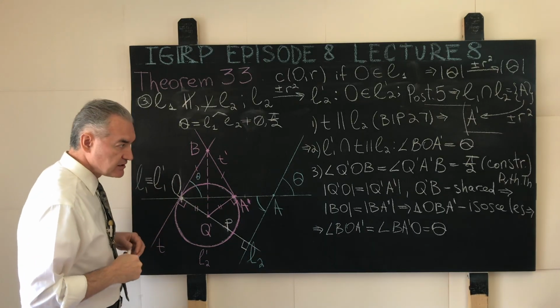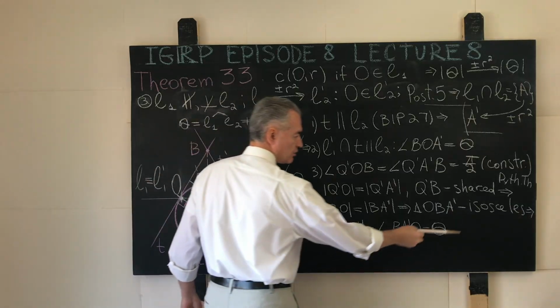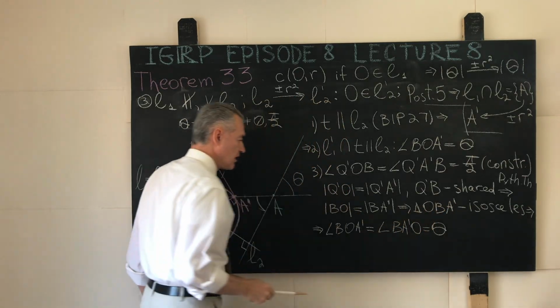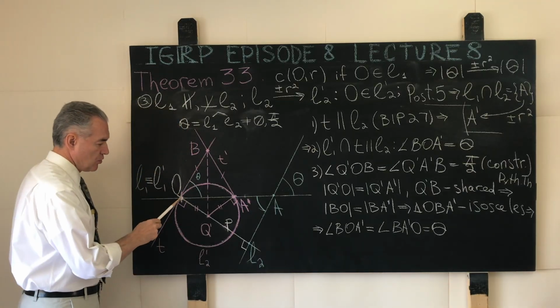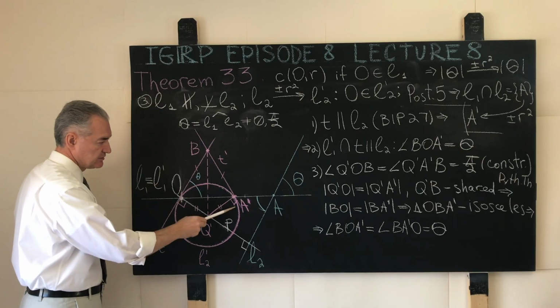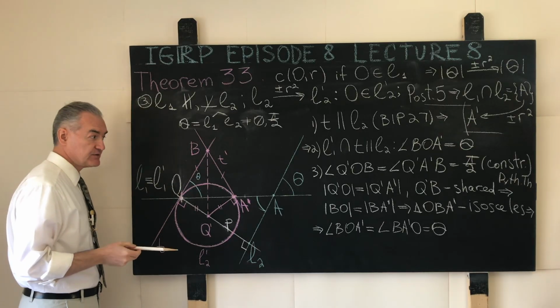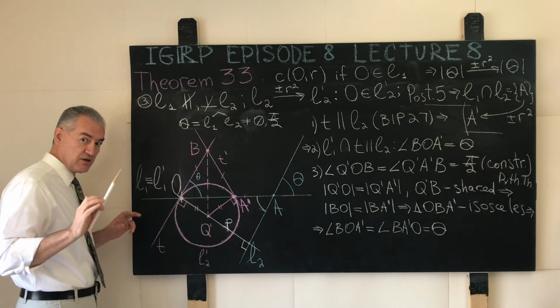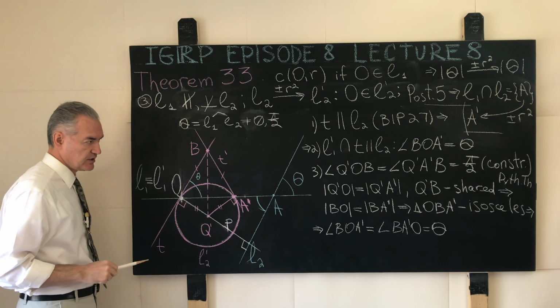So what does that tell us? Well, that tells us that the triangle OBA prime, see, we connect them like this, is isosceles, evidently, with the vertex B being the vertex of that isosceles triangle.